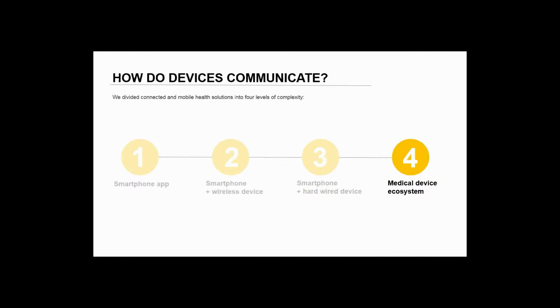And then the last, and the most exciting, I think, is the medical device full-on ecosystem, where the phone is kind of the central hub, and you create an ecosystem of products. And I'll show you what I'm talking about.